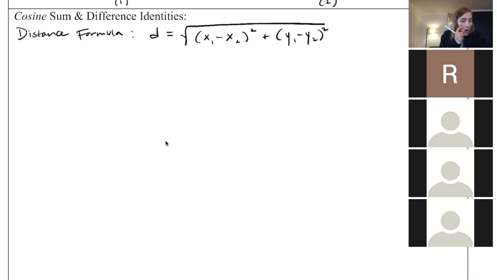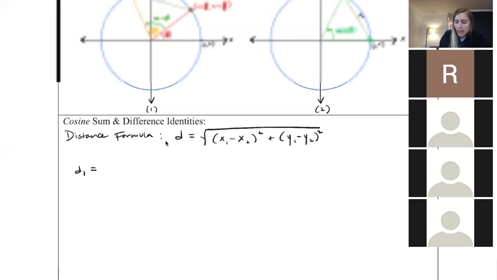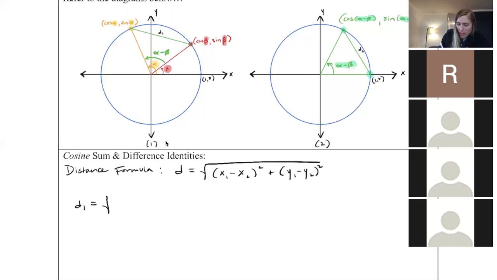So d sub 1, using the distance formula, referencing the picture, would be equal to cosine beta minus cosine alpha squared plus sine beta minus sine alpha squared.